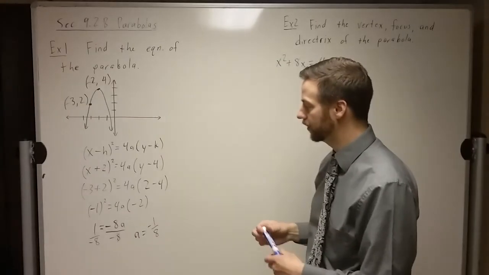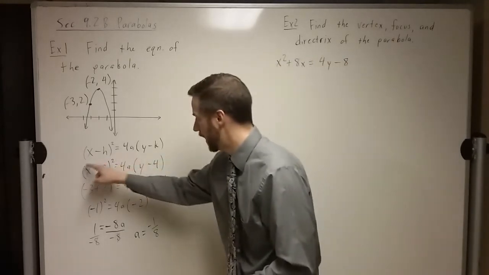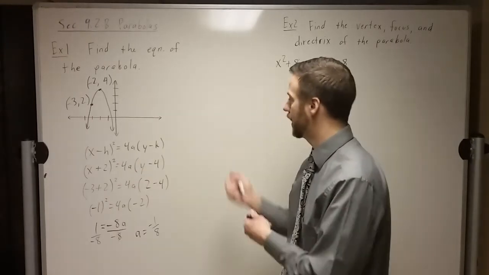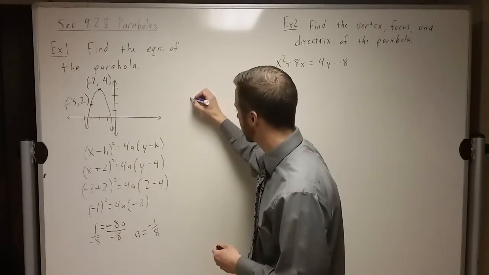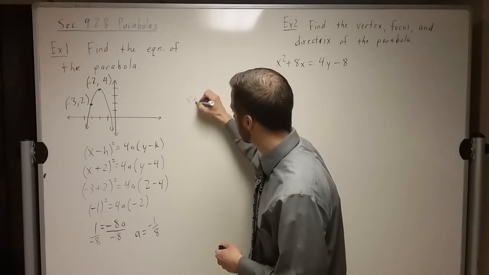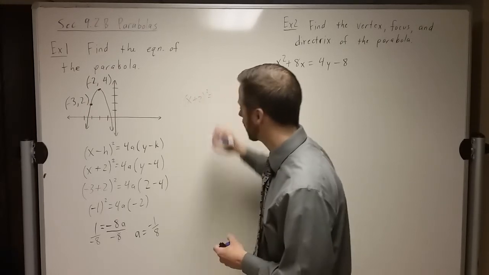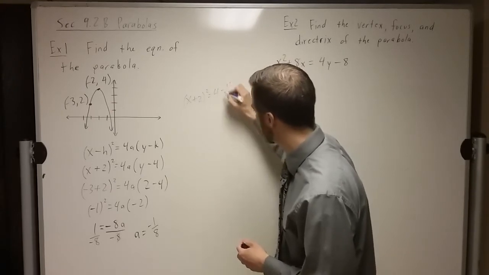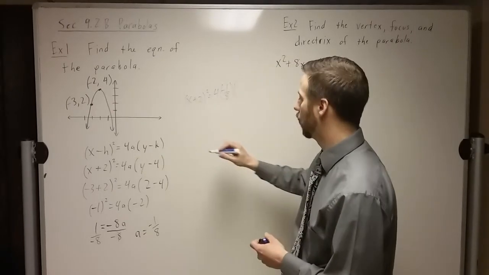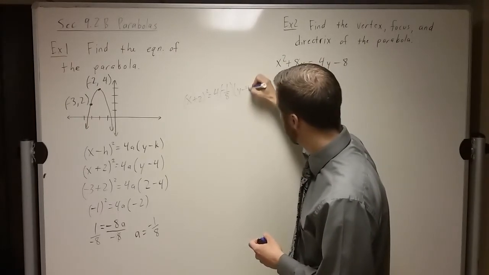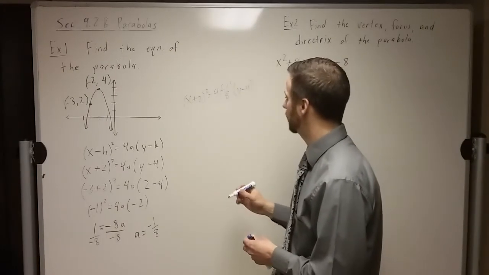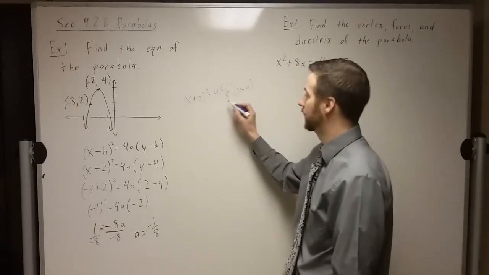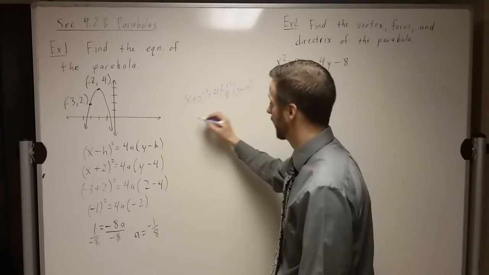So if we want the equation in standard form, I want to go back to what I have right here and plug in that -1/8 for a. So I'm going to have (x plus 2) squared equals 4 times a, but now I know a is -1/8, times (y minus 4). And then just to take it one step farther, 4 times -1/8 is just -2.